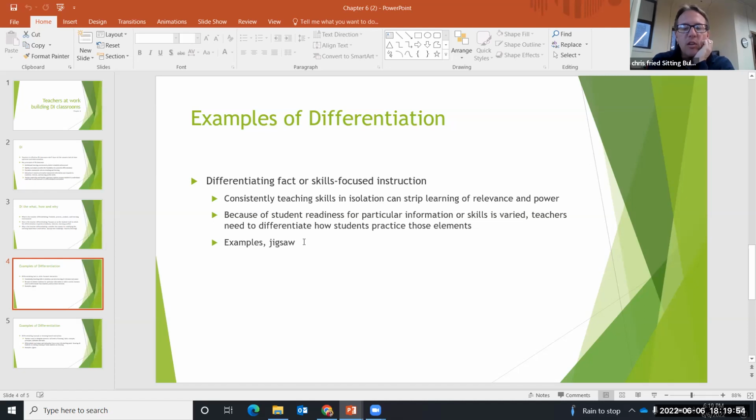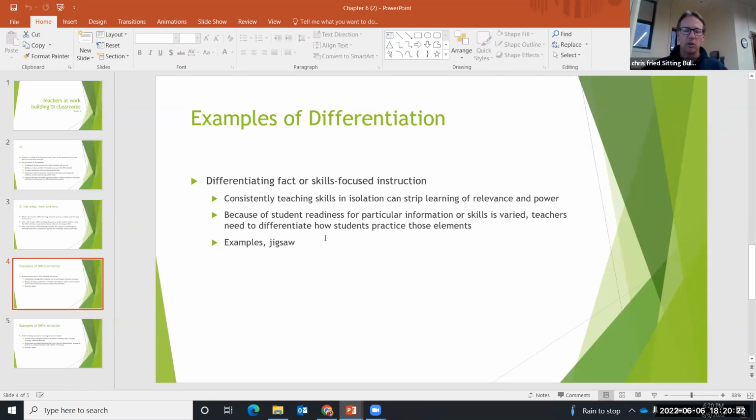So you may have heard it as something else, or maybe not even the name of it, but obviously you know what a jigsaw puzzle is, right? There's multiple pieces of it and you fit them together in terms of a puzzle. So a jigsaw, for example, of differentiation would be that you have a concept, you have an idea, and there's multiple parts to it.